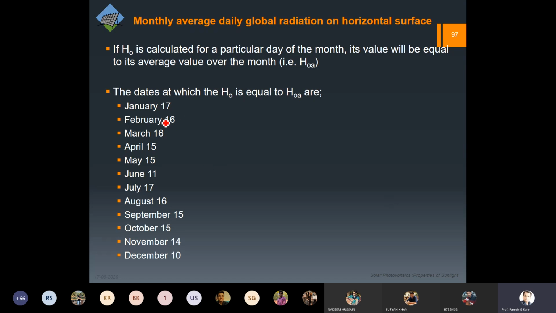So depending upon the month, it slightly changes, and it is somewhere around 15. Only June is the 11th. This is again based on the observed data. December 10 is another extreme one, but apart from that, it's 15, 16 or something like that. So we will take it as 15 or 16, roughly. Only July and December, you will remember that it is 10 or 11.